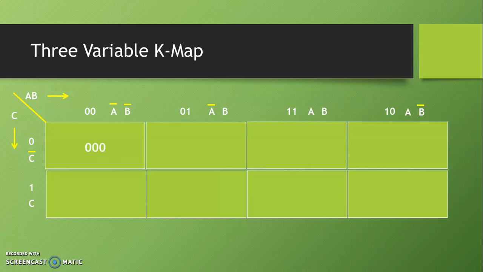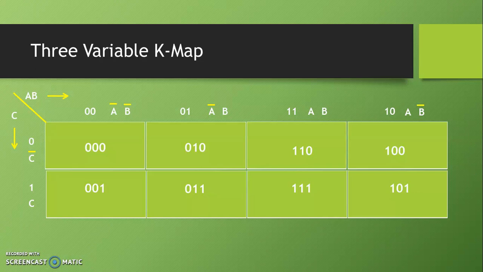In a similar way, we can write the product term for each cell: 0 0 1, 0 1 0, 0 1 1, 1 0 0, 1 0 1, 1 1 0 and 1 1 1. We know that for 0 0 0 it is A bar, B bar, C bar.